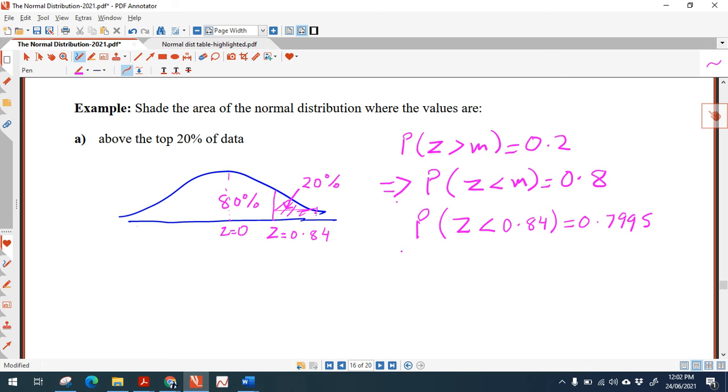So essentially, what you found there, think about it, we're talking about the 8th decile.